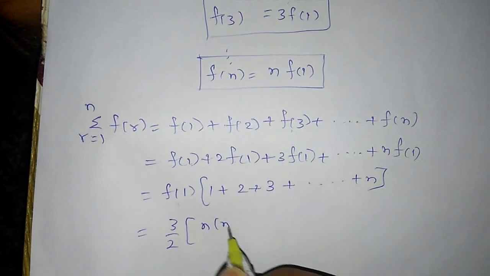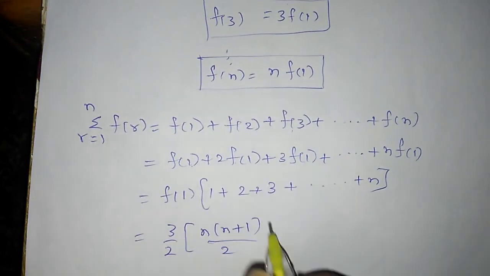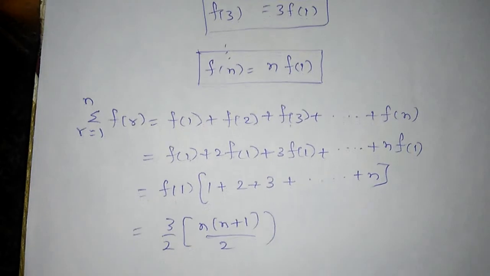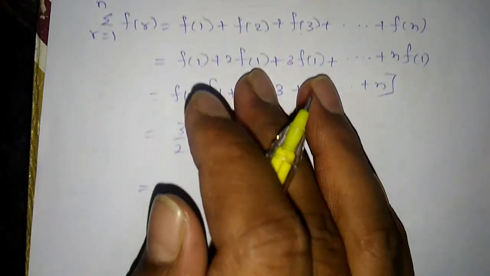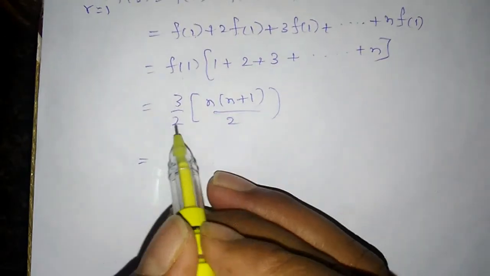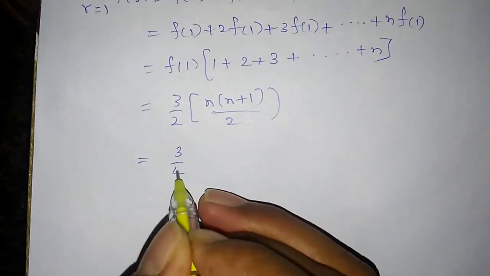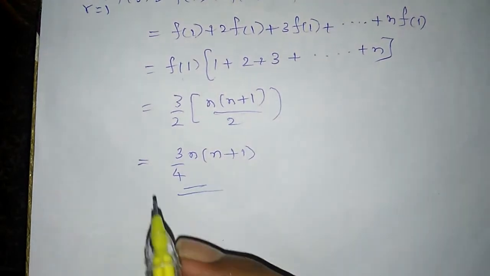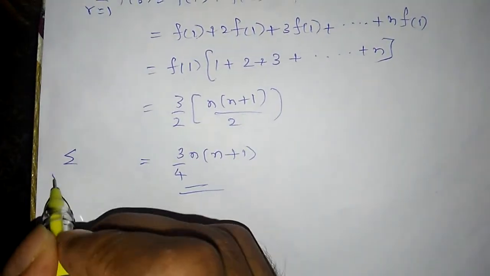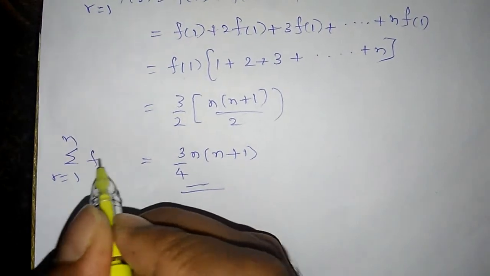Its value, we already know, is n into n plus 1 by 2. So that is equal to 3 by 2 into n into n plus 1 by 2, that is 3 by 4 into n into n plus 1. Okay, sigma r equals 1 to n f of r.